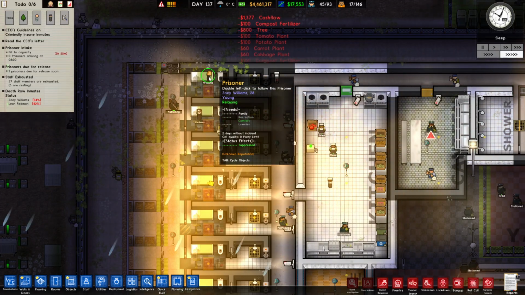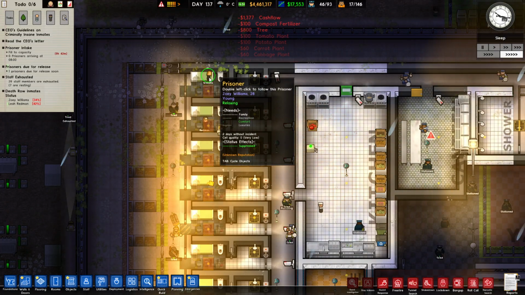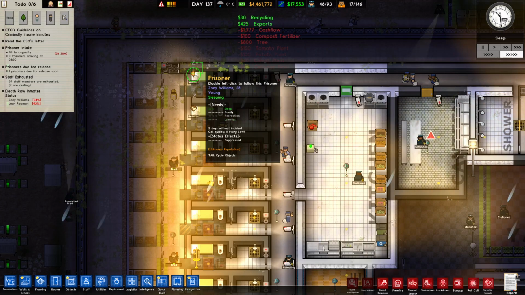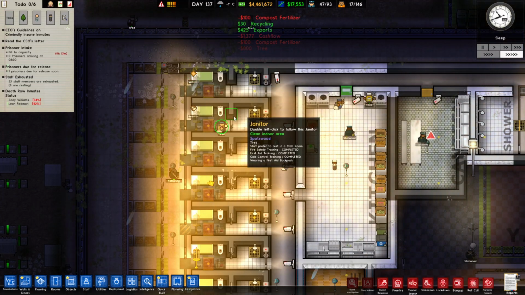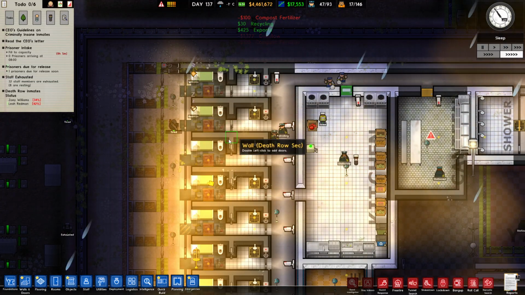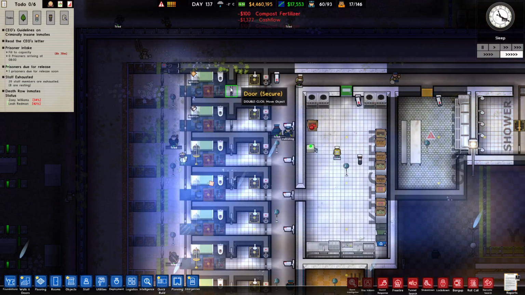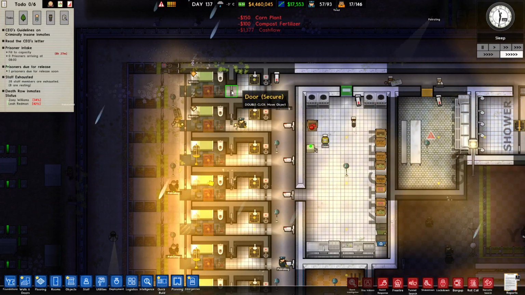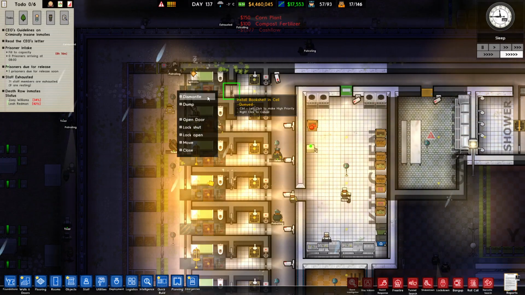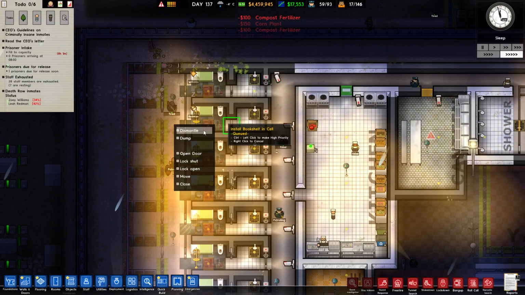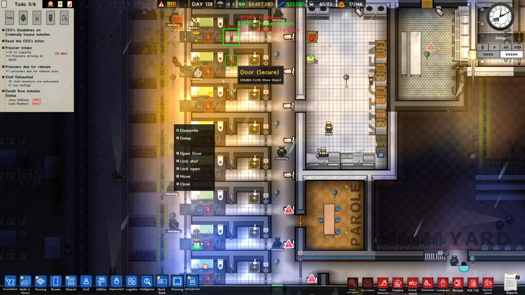Oh, so you're sitting on the bed and getting a bit more comfortable. And now recreation's in need. What I can do is remove these doors actually, because they're not working like I thought they would.